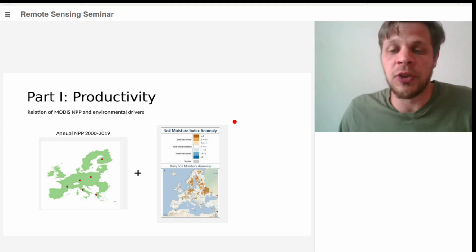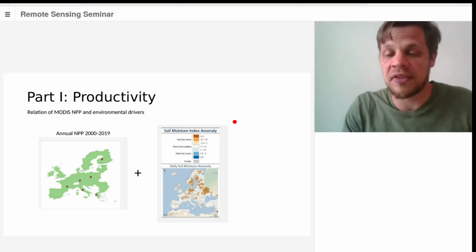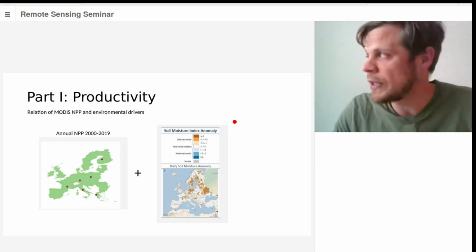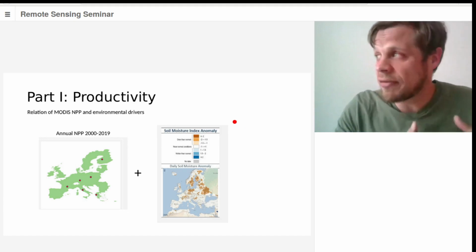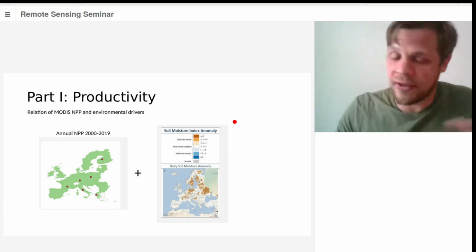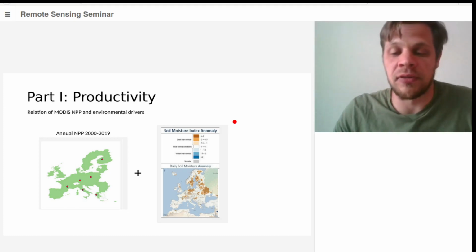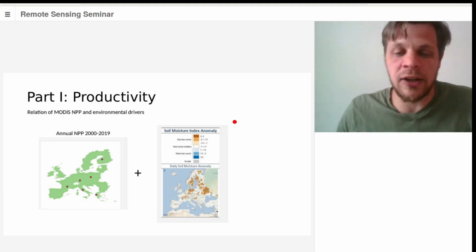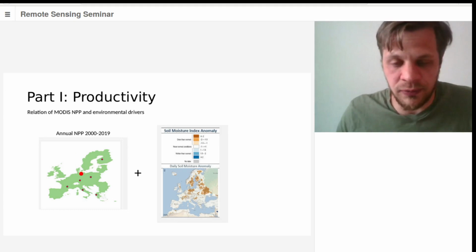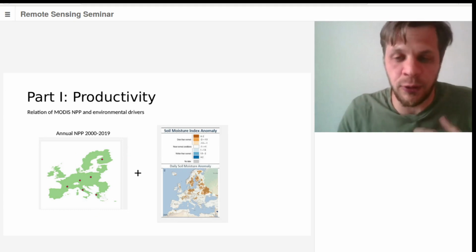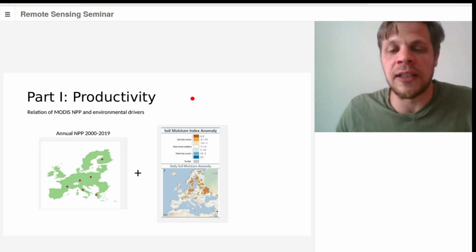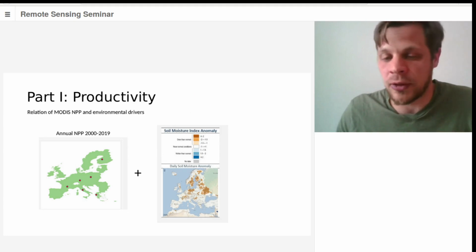If you have a huge negative standard deviation, it means that there's less moisture in the soil compared to the long-term mean. If you have a positive standard deviation, it means that there's more moisture in the soil than on average. And we wanted to test this just for a few points in the first view, because we wanted to see if the correlations make sense at all or not.